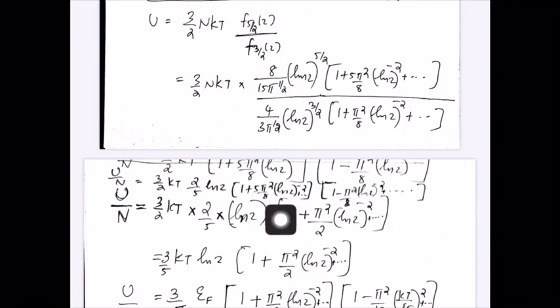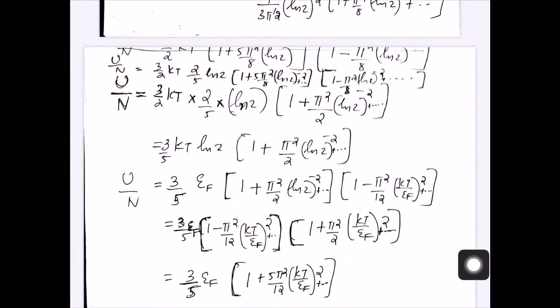So 1 plus, then combining the first two terms in the product, we get this, and the rest of the terms are there. So this is 3 by 2 kT. This 2 gets cancelled. So we will have 3 by 5 kT log z, 1 plus pi square by 2 (log z) to the power minus 2, like that.